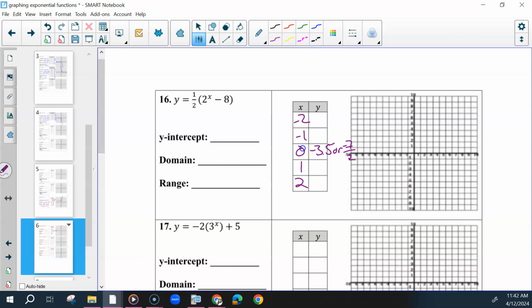Negative 1, I got negative 3.75. Negative 2, negative 3.875. 1, negative 3, and 2, negative 2. So when we go to graph these, they're really close together.